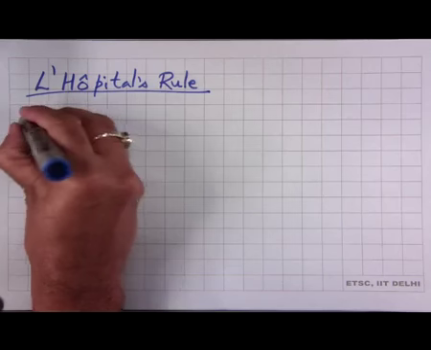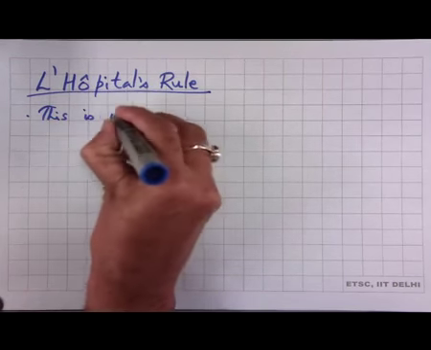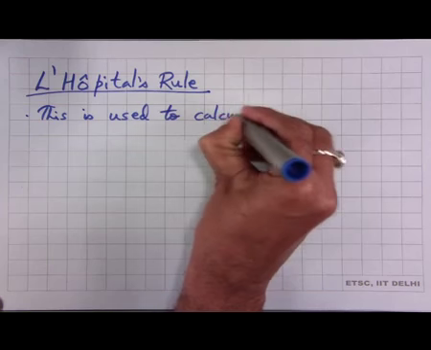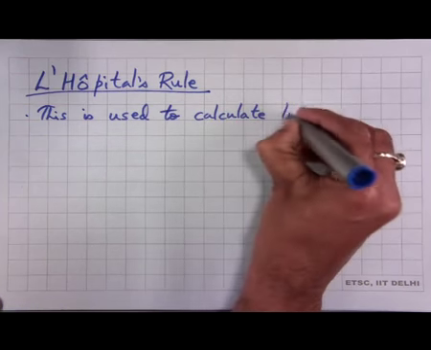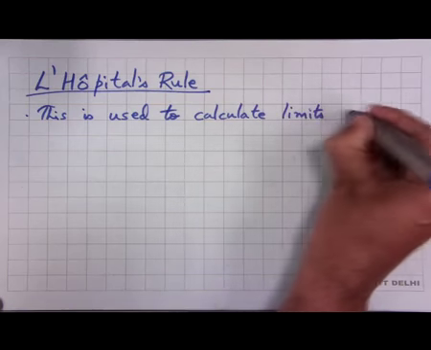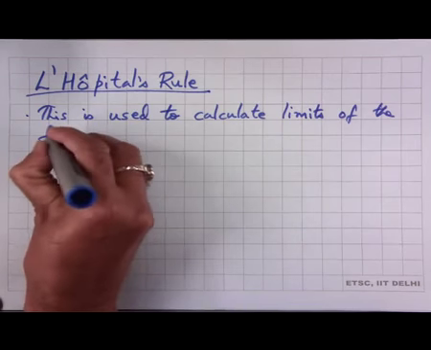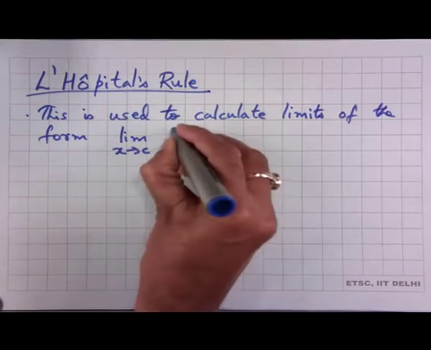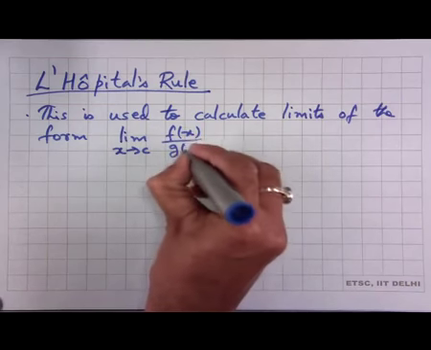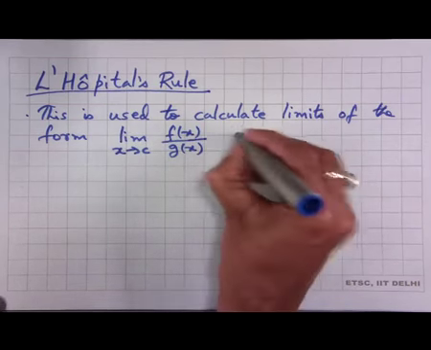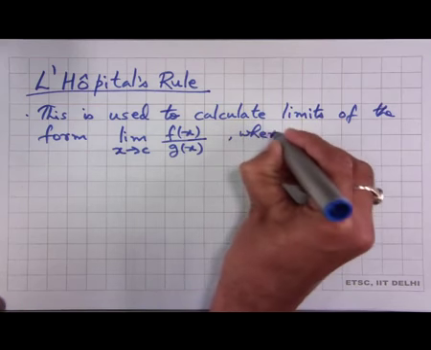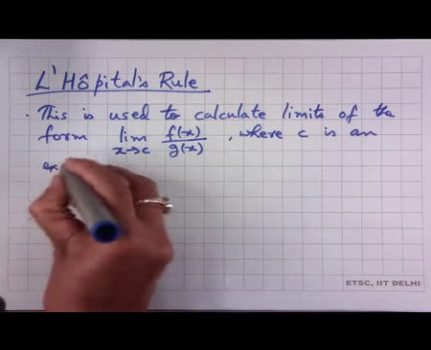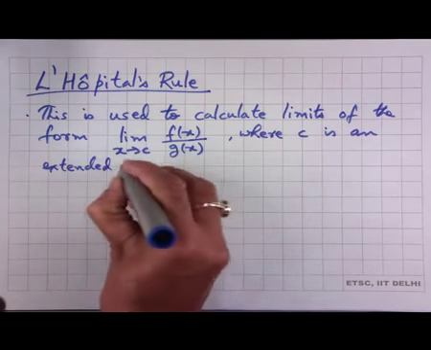So, this is used to calculate limits of the form limit x approaching c of ratio f x by g x, where c is an extended real number.